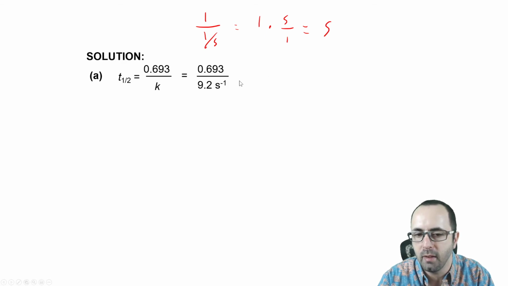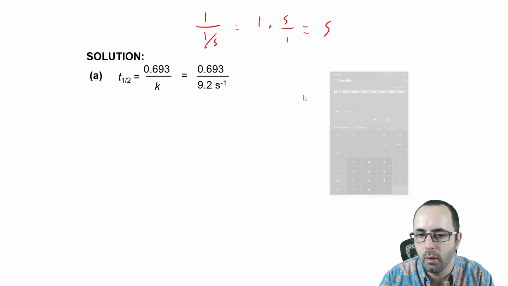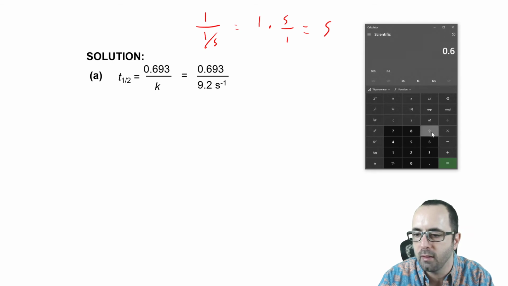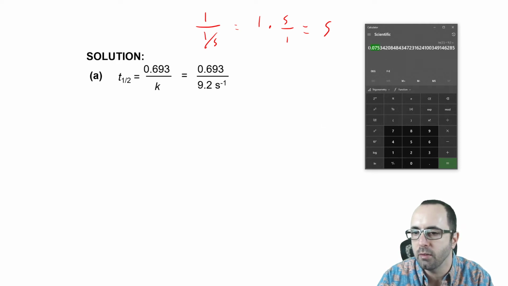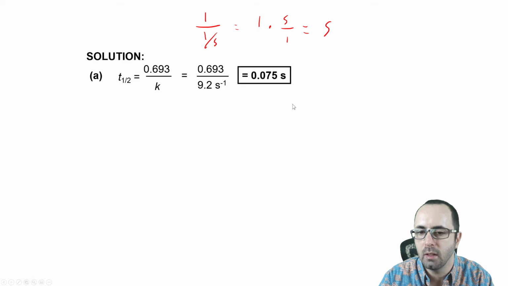So our units will be seconds, and for our value, it will be 0.693, or the natural log of 2. Your book really likes to skip that natural log of 2 too, I noticed, but natural log of 2 is 0.693 divided by 9.2. And we get 0.075, and the unit here is seconds.